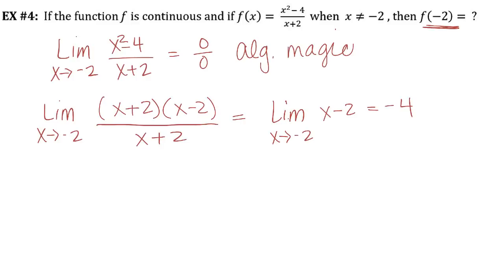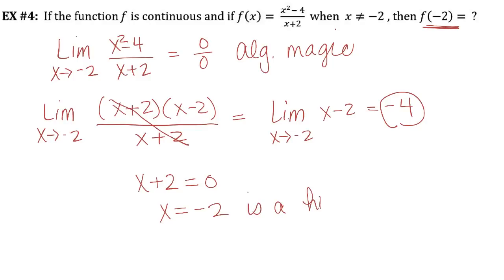Now, let's think about what's going on here. This is showing me that my limit value here is -4, and that canceled part is what we set equal to 0. And we said that at x equals -2 is a hole.